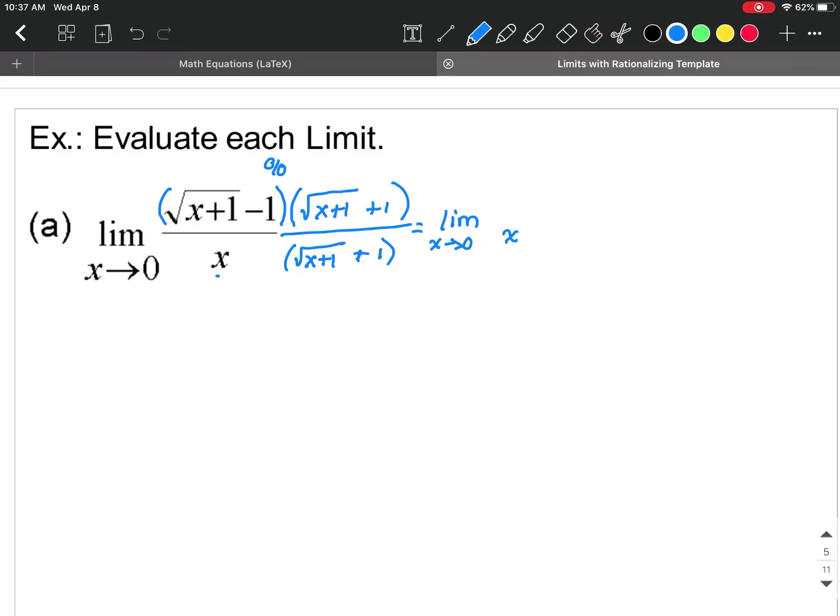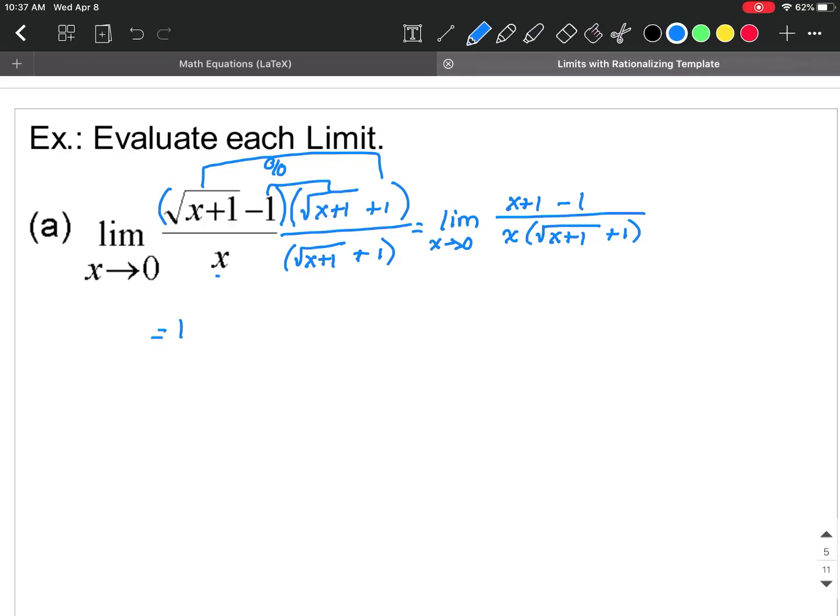On the bottom, we are not going to multiply that out. It's x times the square root of x plus 1 plus 1. Now, in the top, the square root of x plus 1 times the square root of x plus 1 is x plus 1. When we do this and this, those products are going to add to 0. Then negative 1 times positive 1, that's negative 1.